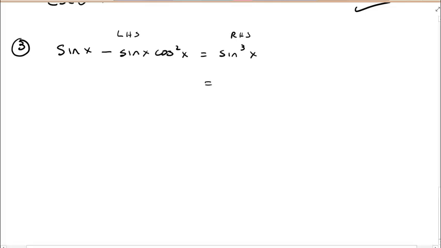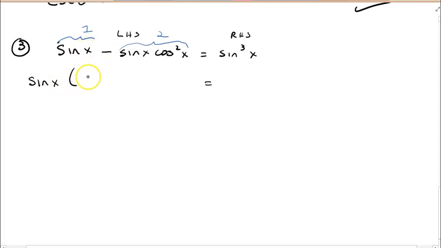I have term 1, and this whole thing is term 2. They have something in common. When terms have something in common, you can factor. So another kind of method to try is factoring, if possible. In this case, they both have a sine x, so I can factor out sine x.